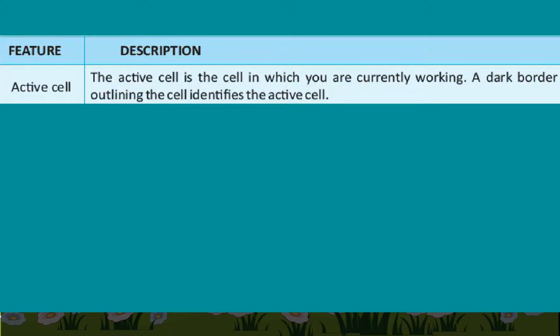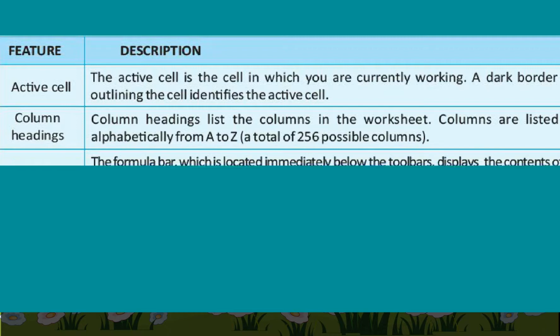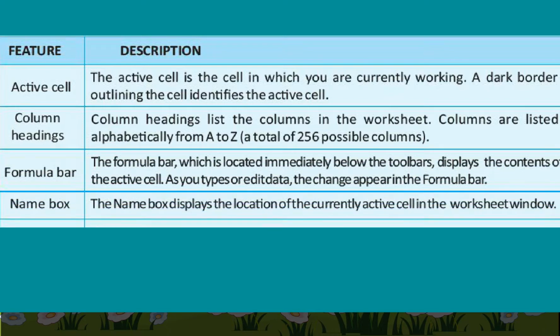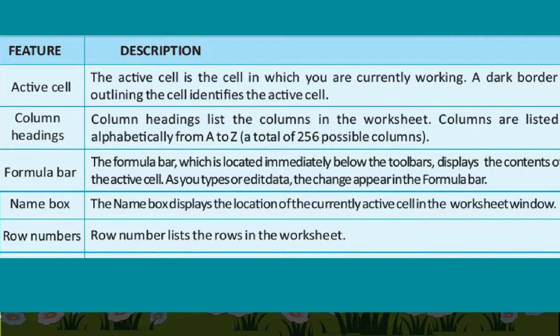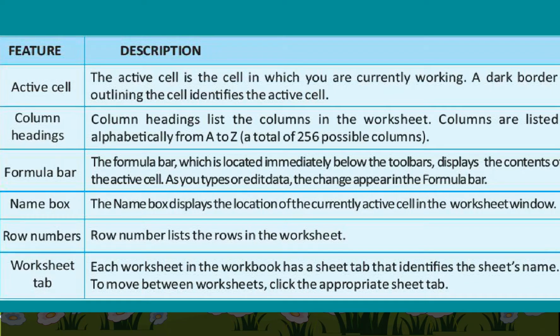Listed below are descriptions of each component. Active cell. The active cell is the cell in which you are currently working. A darker border outlining the cell identifies the active cell. Column headings. Column headings list the columns in the worksheet.